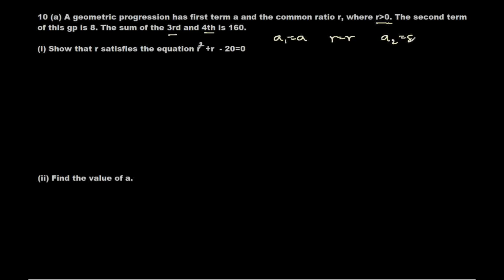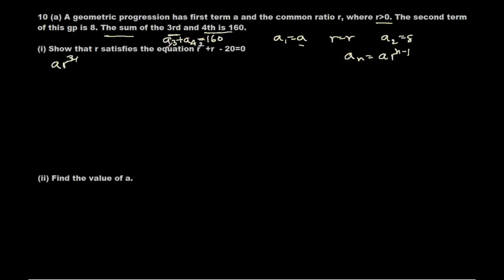So we know that An is the first term multiplied by R to the power n minus 1. So A3 plus A4 is equal to 160. That's what they're trying to say here.